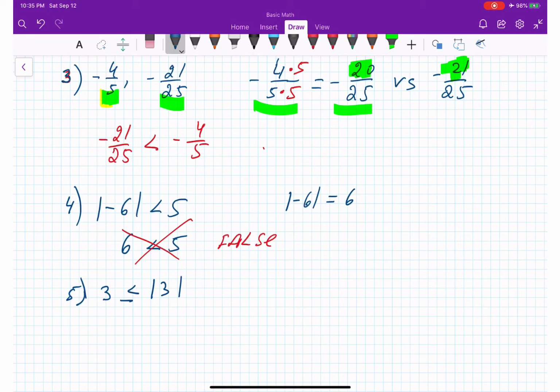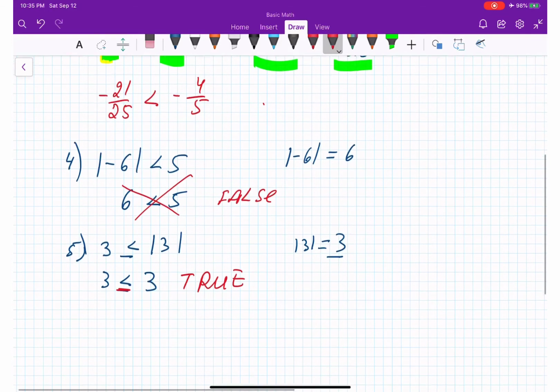What is the absolute value of 3? The absolute value of 3 is 3, right? Now here it says 3 less than or equal to, so we can put this 3, right? Which means this is true, because we have an equal sign here. Next one.